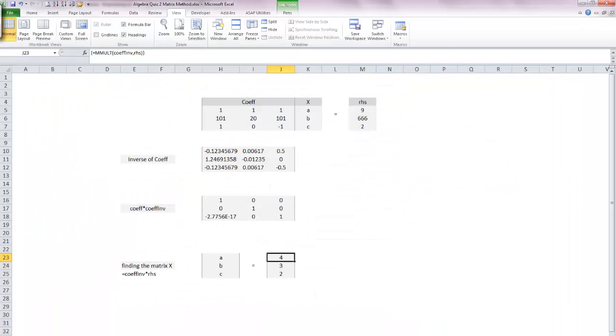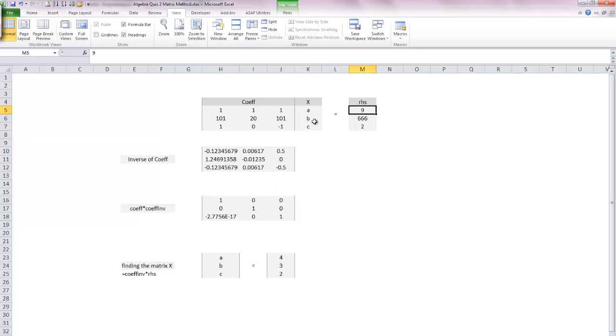Okay, so the Excel method is this. I've written it in this fashion here. I've listed the coefficients and the variable x. The coefficients are 1, 1, 1 for the first equation, because 1 times a plus 1 times b plus 1 times c should be equal to 9.